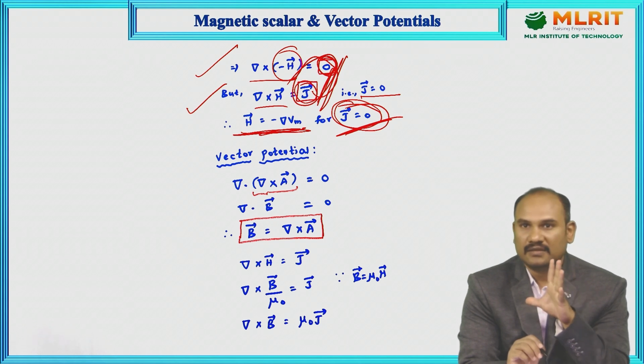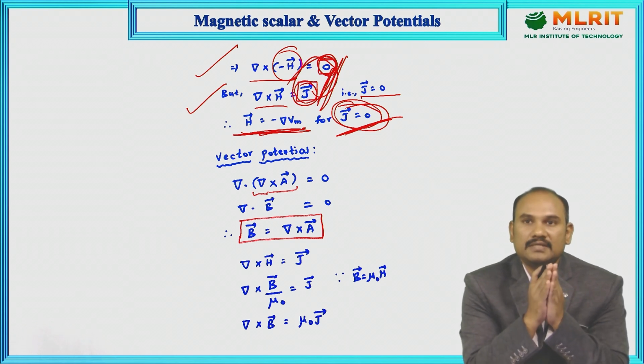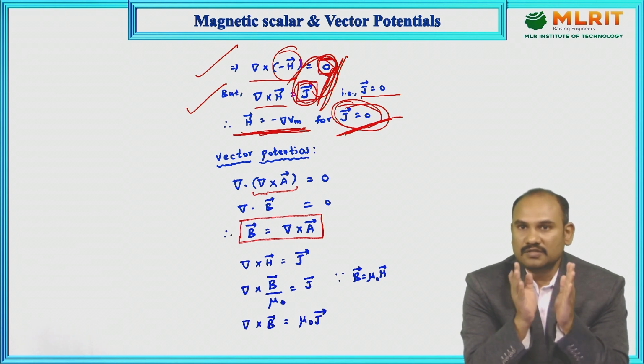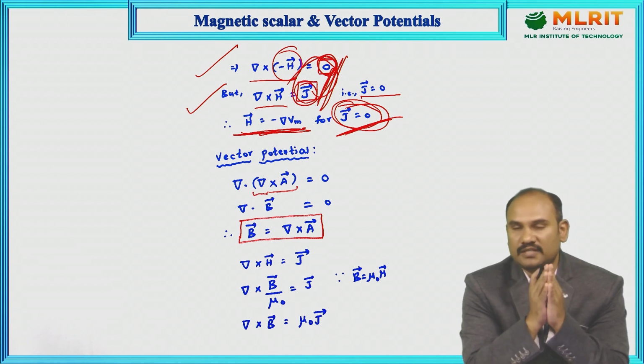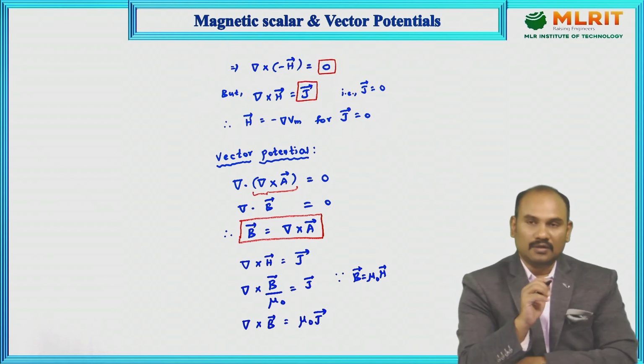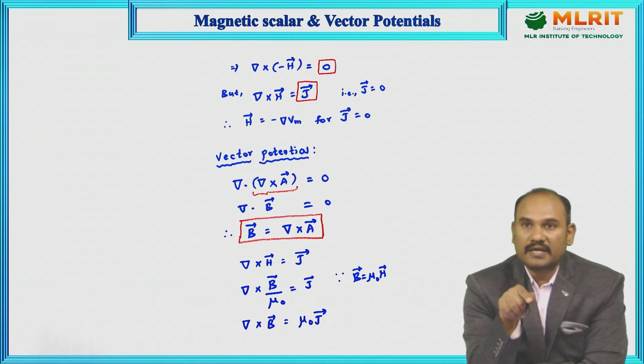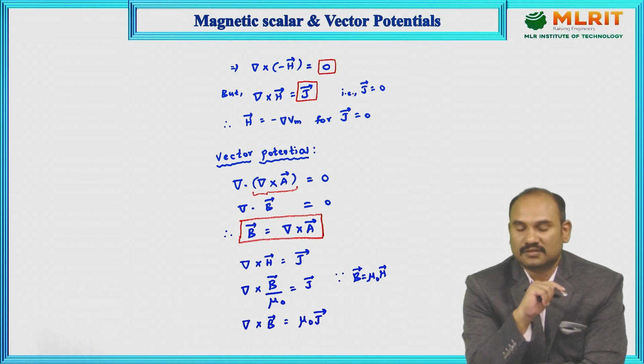Electric current density. 0 means it does not exist. Scalar magnetic potential is applicable only for current density equal to 0, or only when current density does not exist. That is the actual meaning of this discussion. So if scalar magnetic potential has to be used, then current density does not exist.